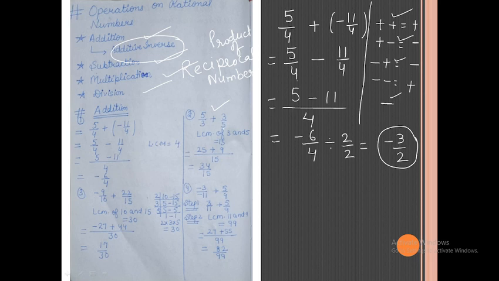5 by 3 plus 3 by 5's addition. First of all we take the denominators, when both denominators are different. The LCM of 3 and 5 is equal to 15. And here we take 15 as the LCM. The denominator 3 of the first value is divided into the LCM like this: 3 fives are 15.